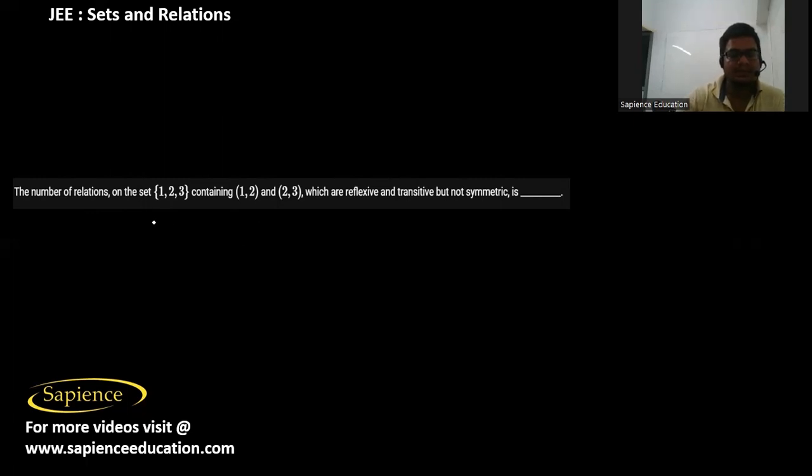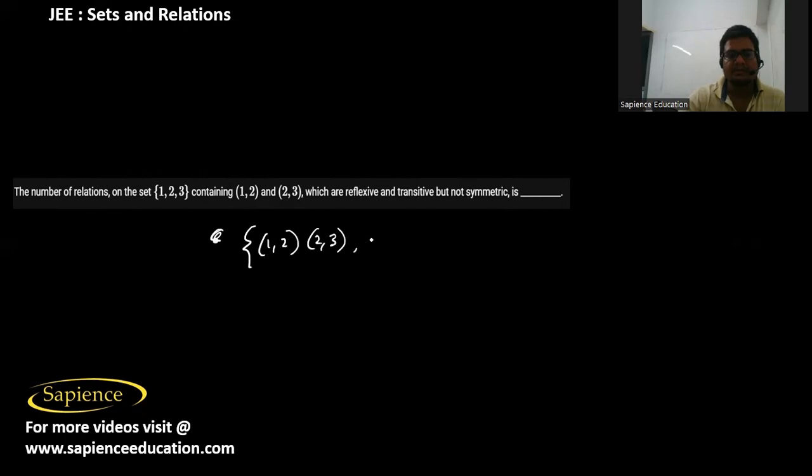Then here it is told: the number of relations on the set {1, 2, 3} containing (1, 2) and (2, 3) which are reflexive and transitive but not symmetric is. So it means the relation should contain (1, 2) and (2, 3).